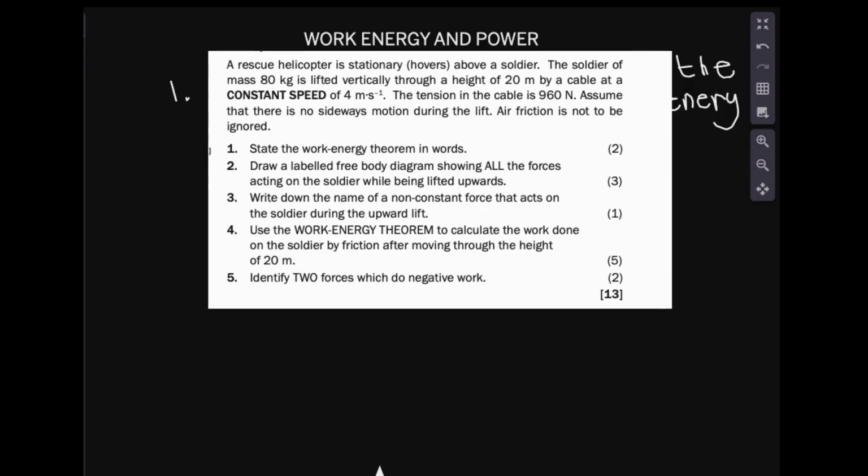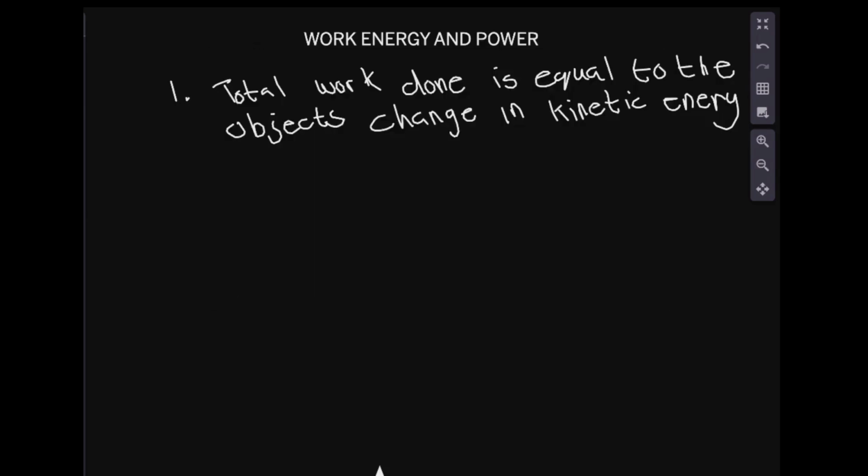Draw a labeled free body diagram showing all the forces that are acting on the soldier while being lifted. So we go number 2. This is the soldier. There is tension here, tension force. There is weight over there.